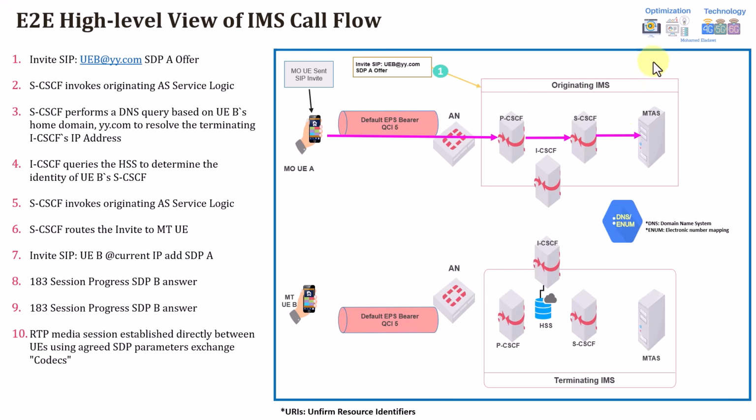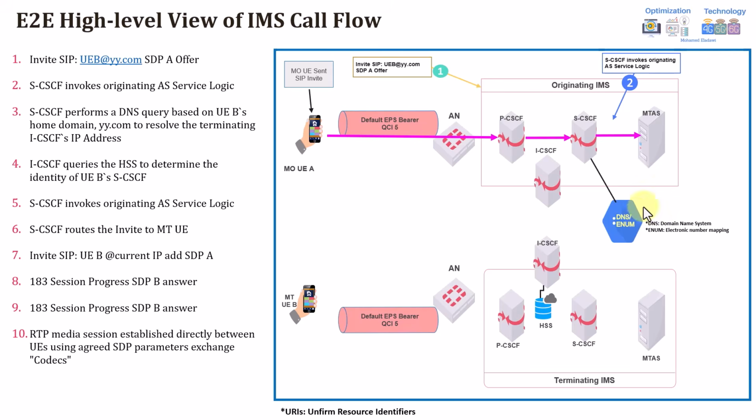So if he's authorized to make a call, the next step is that the SCSCF now needs to make a query within entities called DNS and ENUM. DNS refers to domain name system, and ENUM to electronic number mapping. Actually, the main idea, if you remember, is that in the same INVITE the user didn't send the IP address for user B, right? So the SCSCF still doesn't know the IP address. It doesn't know where it can send this INVITE.